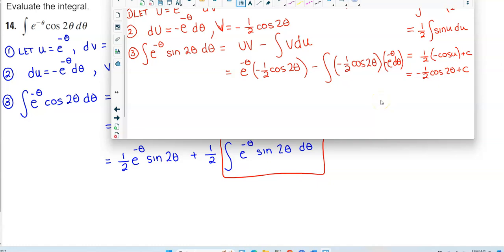So let's go ahead and simplify this a little further. So we get negative 1/2 e to the negative theta times the cosine of 2 theta.